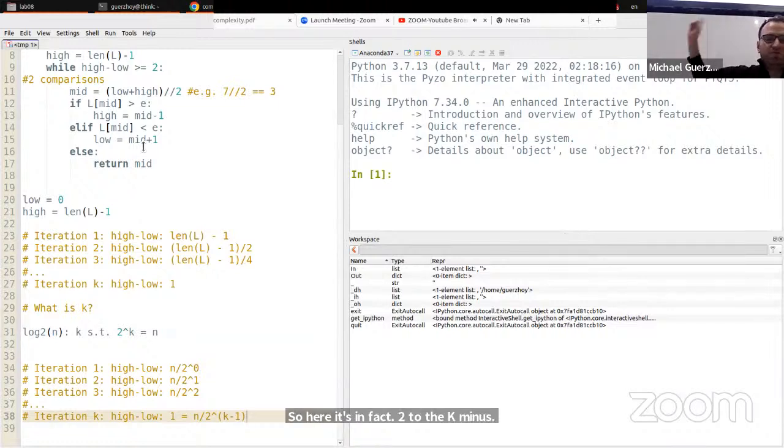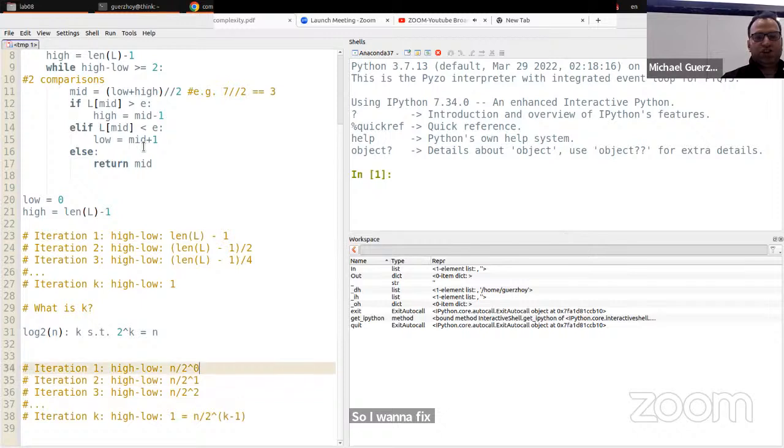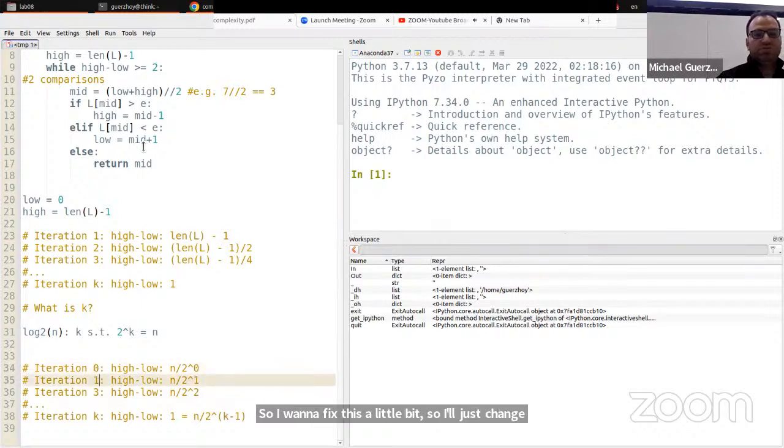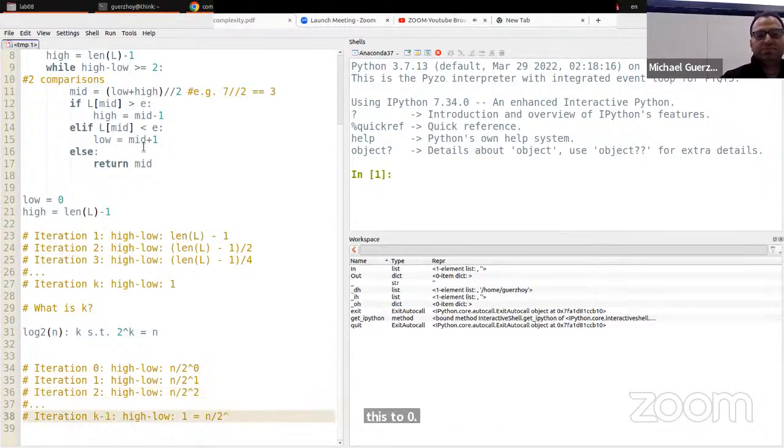So I want to fix this a little bit. I'll just change this to 0, so that it lines up nicely. Right. And here, at some point, 1 is equal to n divided by 2 to the k.